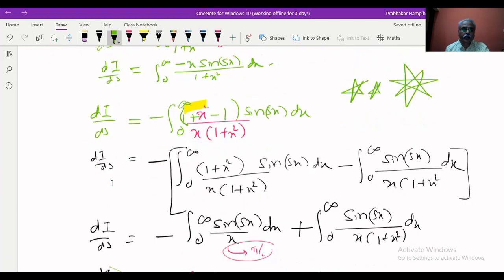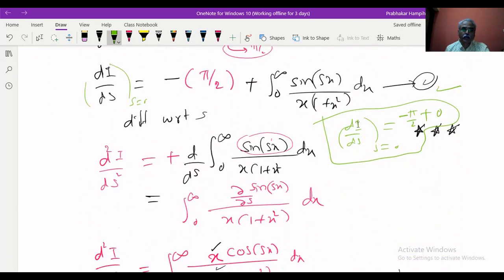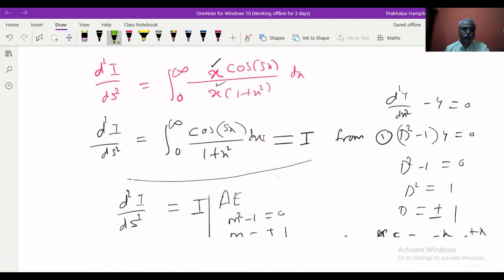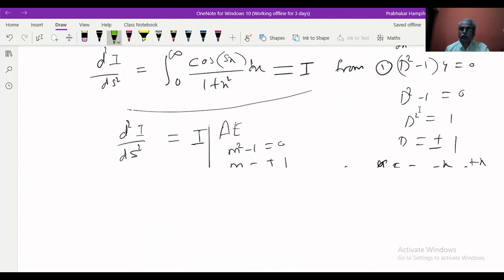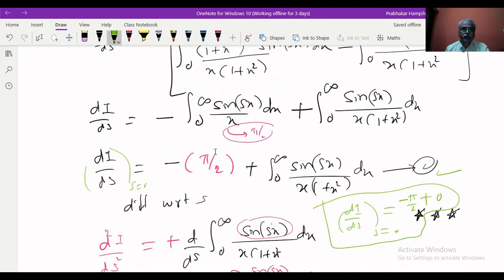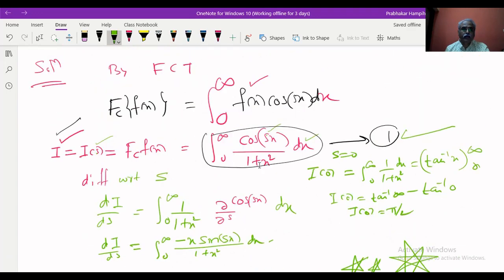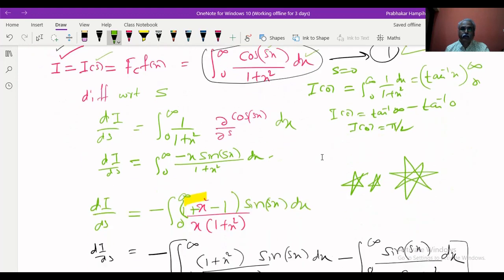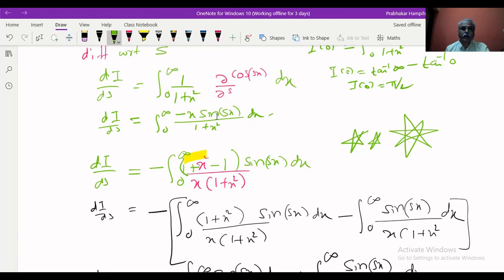You got dI by ds, you got d square I by ds square. In the previous example, you solved this using your complementary function part, and hence in the previous example, note this part, exactly this part. So I am coming to that part now.